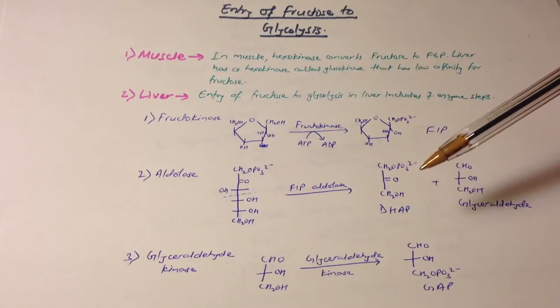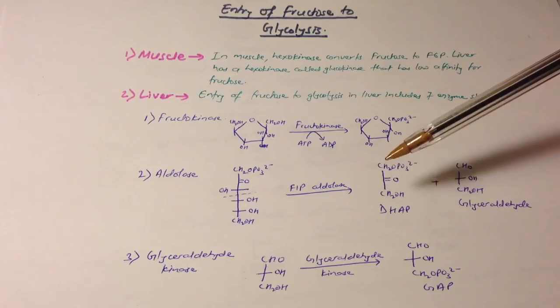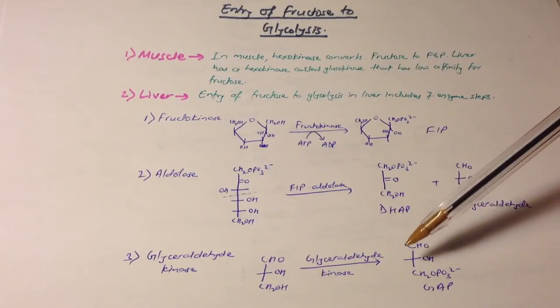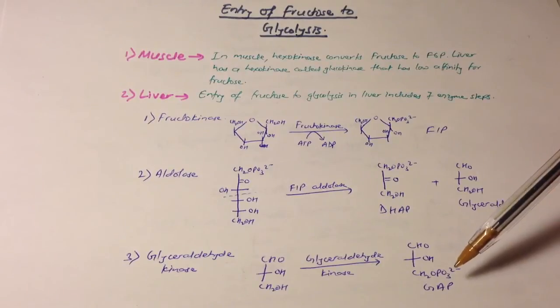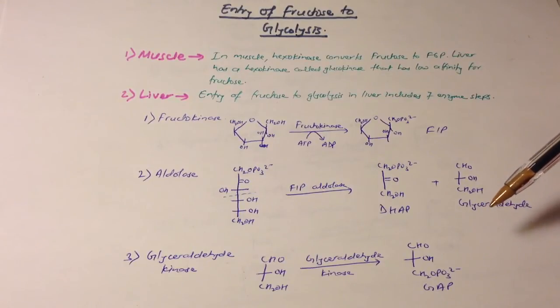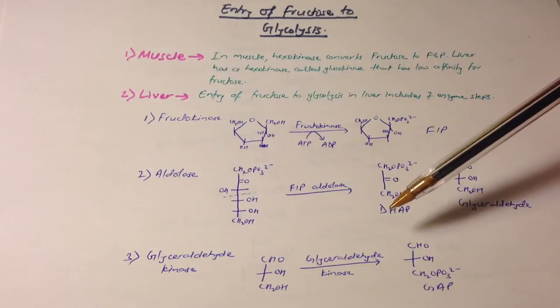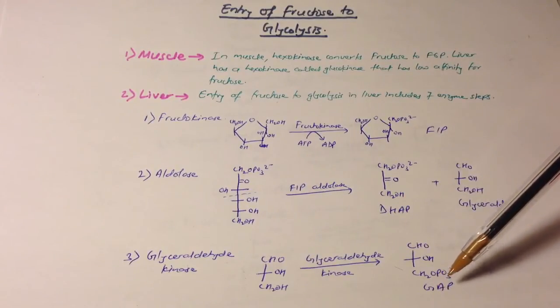So now it kind of looks like we got all the products we need in glycolysis. We have the dihydroxyacetone phosphate and glyceraldehyde 3-phosphate. So the reaction looks complete, but we still have 4 more reactions, and in those reactions we're going to learn how glyceraldehyde could be converted into dihydroxyacetone phosphate, which will then be converted into glyceraldehyde 3-phosphate.